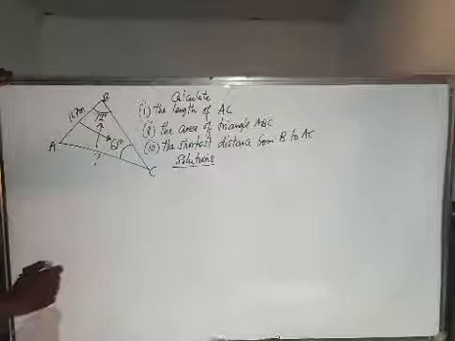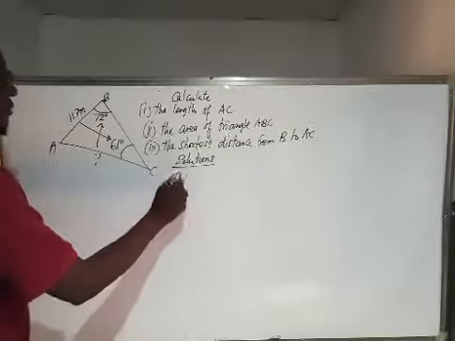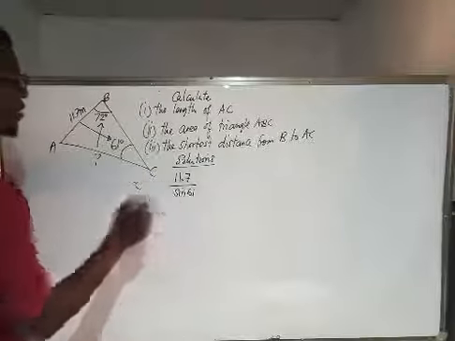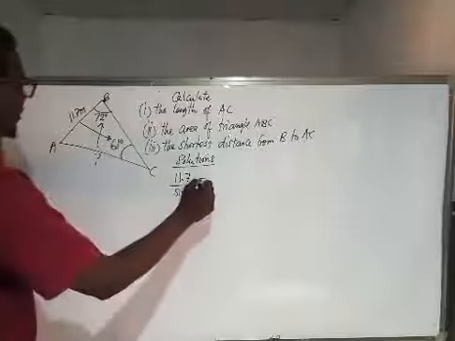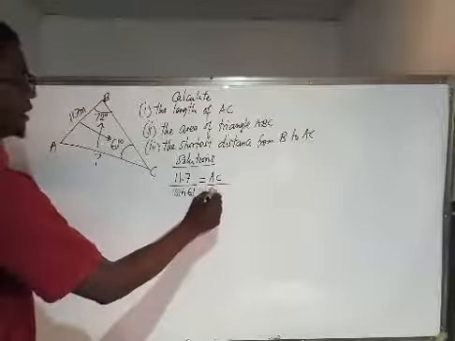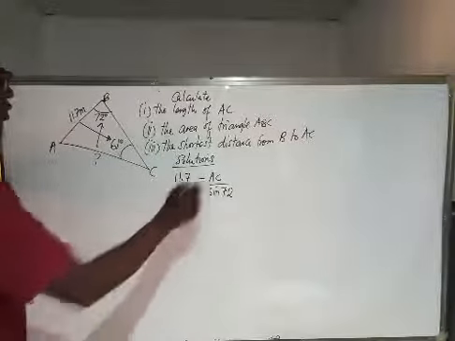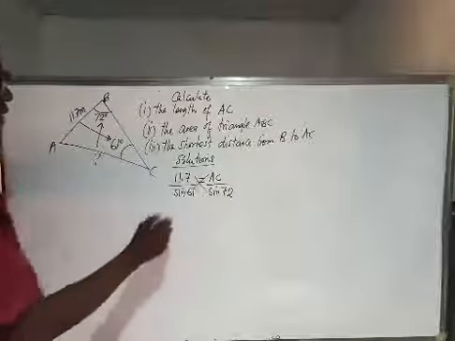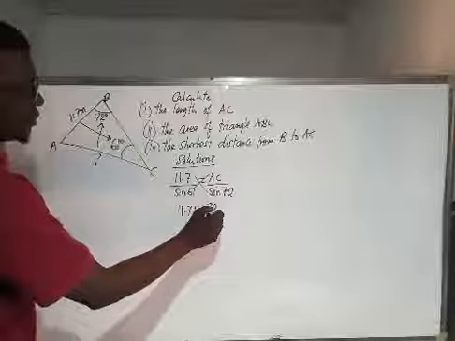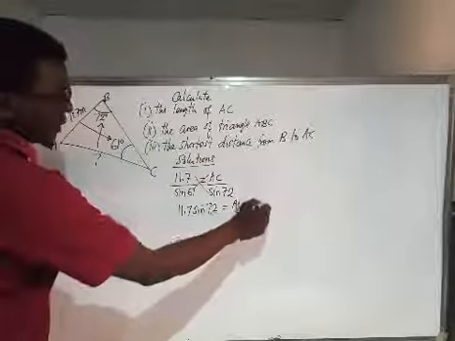So I'm going to compare 11.7 with sine angle 61, equal to the side AC compared with sine angle 72. Okay? Cross multiply. What do we have here? 11.7 sine 72 is equal to AC sine 61.